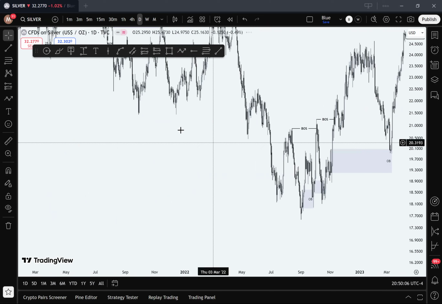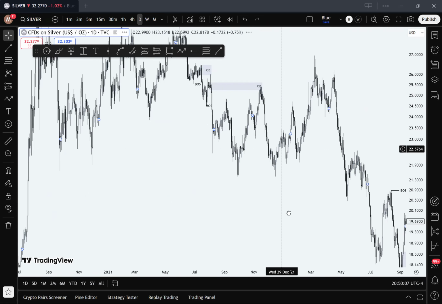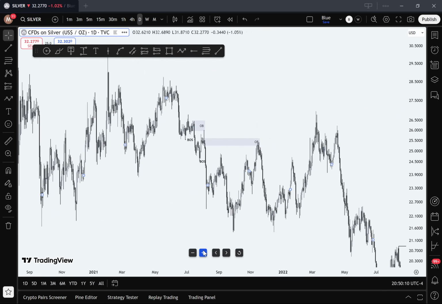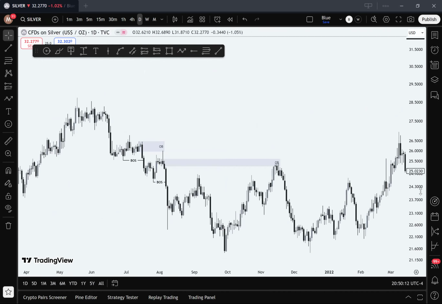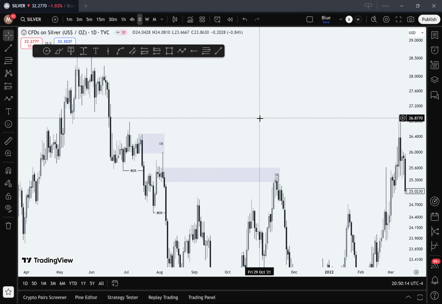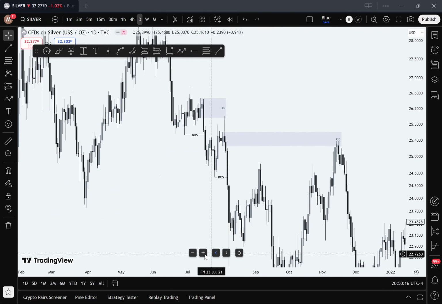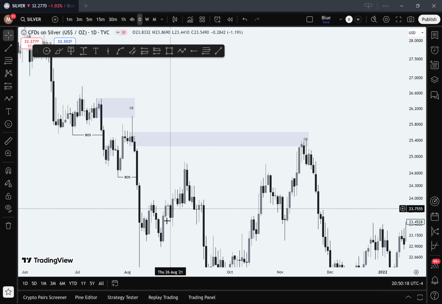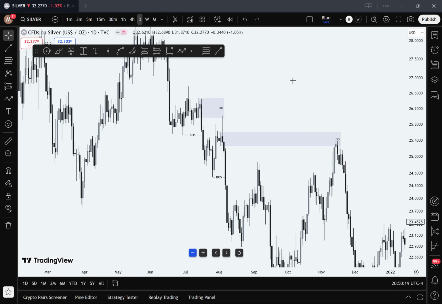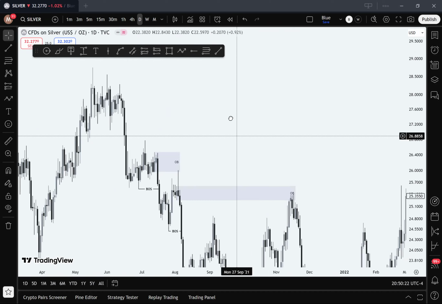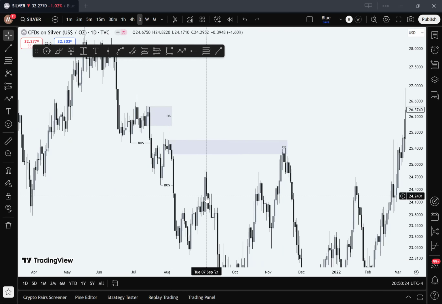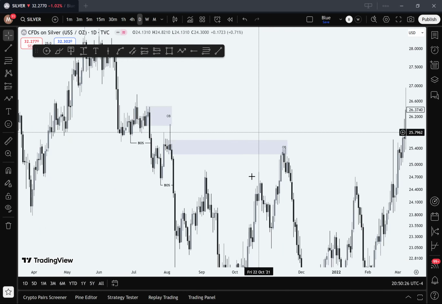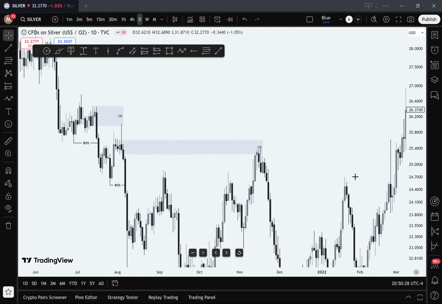Another last example, then we'll be done. So we have these examples here too. All right. So as you can see, it is very, very clear that in this current structure, it was a downtrend. We were in a downtrend.